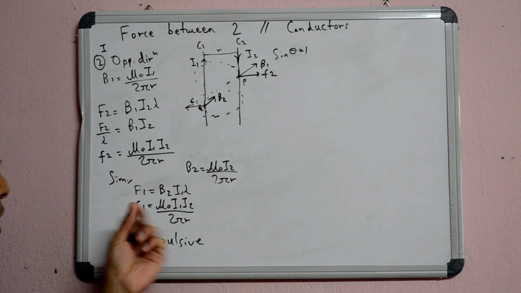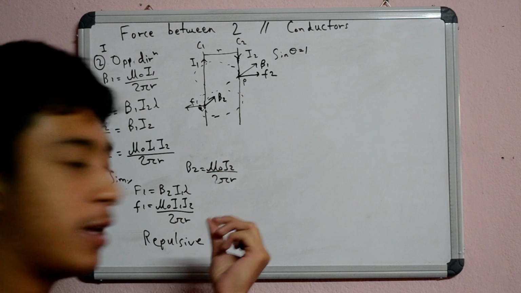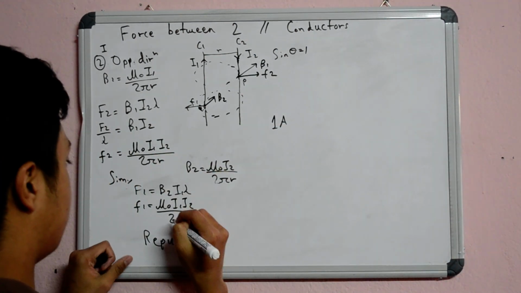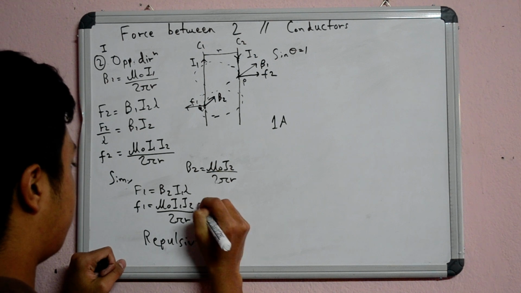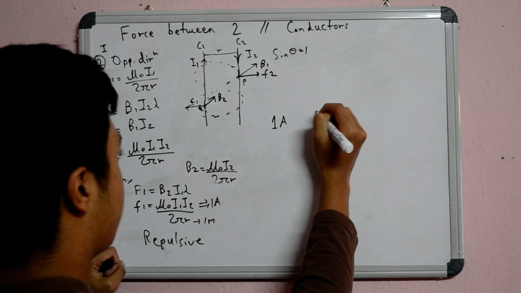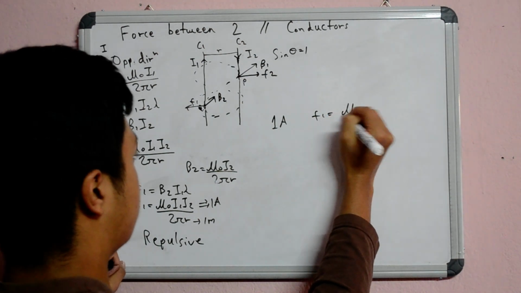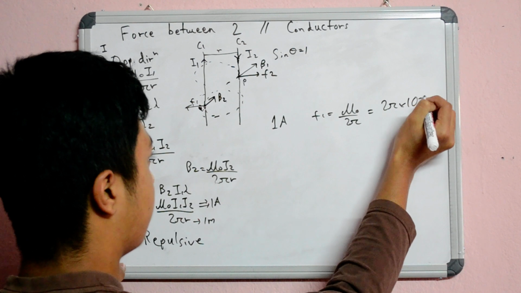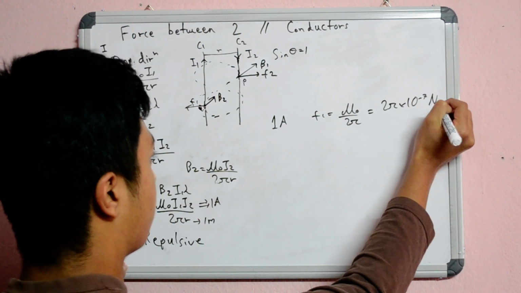And from this force per unit length, you can find the definition of 1 ampere. We put r equal to 1 meter and both currents as 1 ampere, and you'll get F1 equal to mu naught into 2 pi, which is 2 into 10 power minus 7 Newton per meter.